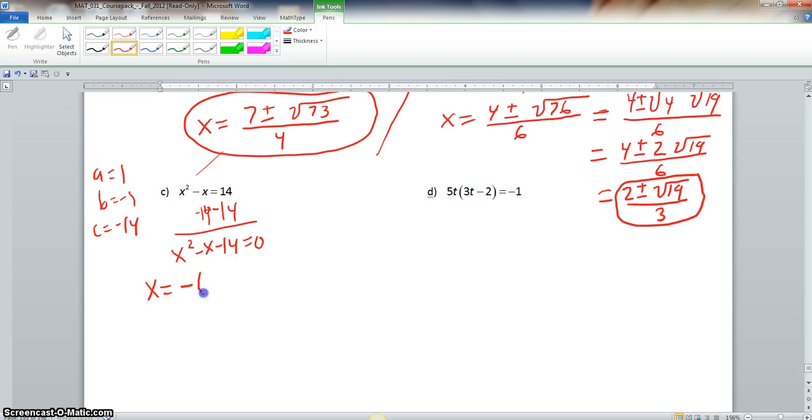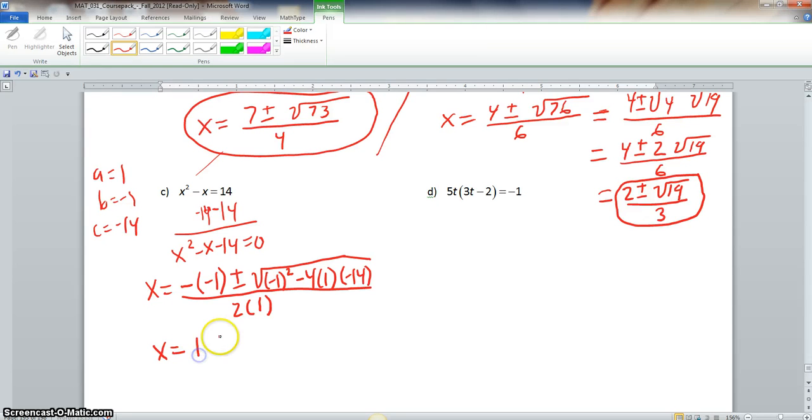It's the opposite of whatever b is, which is negative 1, plus or minus the square root of b, which is negative 1, squared, minus 4 times a, which is 1, times c, which is negative 14. And that is all over 2 times a, which is 2 times 1.